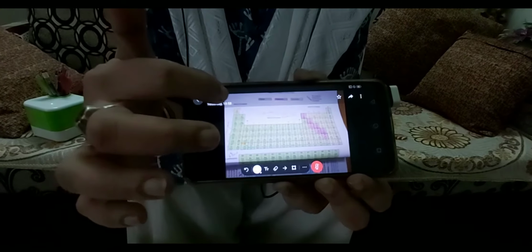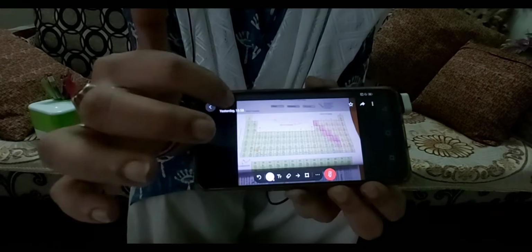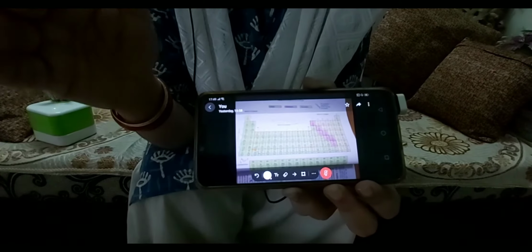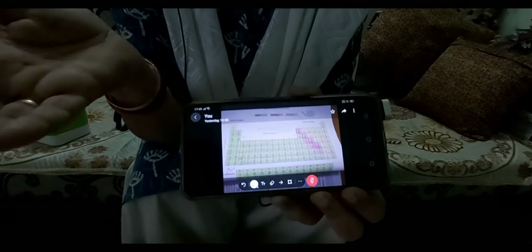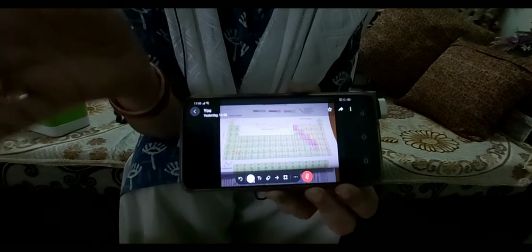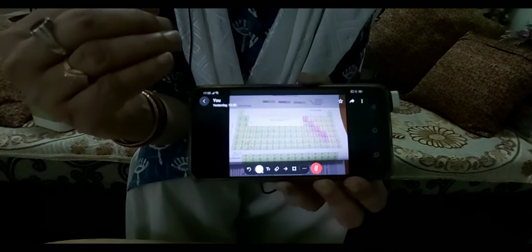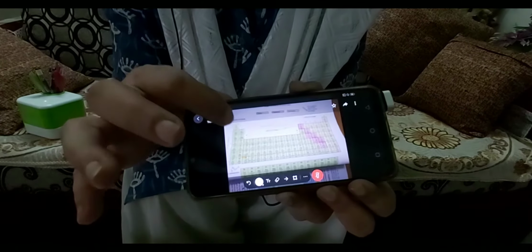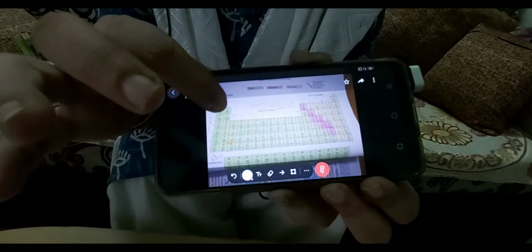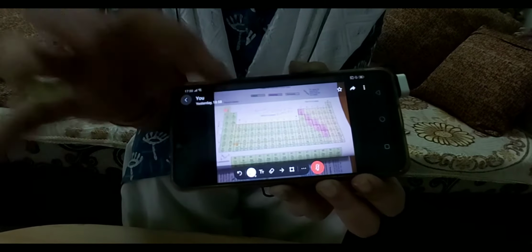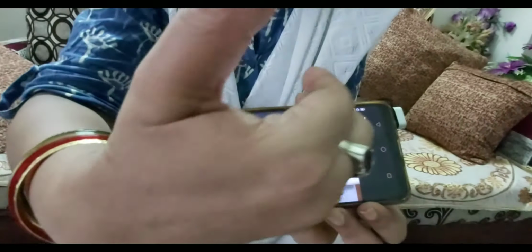So first we have to know what is the position of hydrogen in the modern periodic table. As we have seen in the Mendeleev's periodic table, hydrogen could not be assigned a proper position. So also in the modern periodic table, if you see, this is hydrogen, which has been placed on the extreme left.